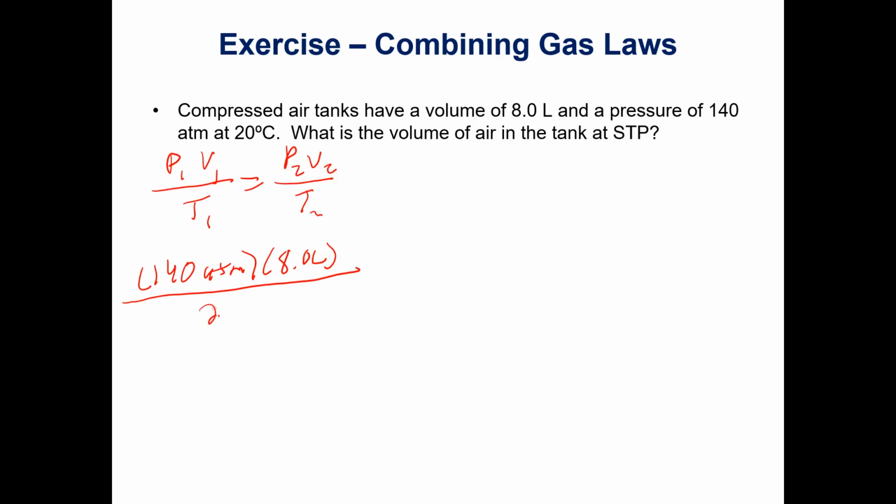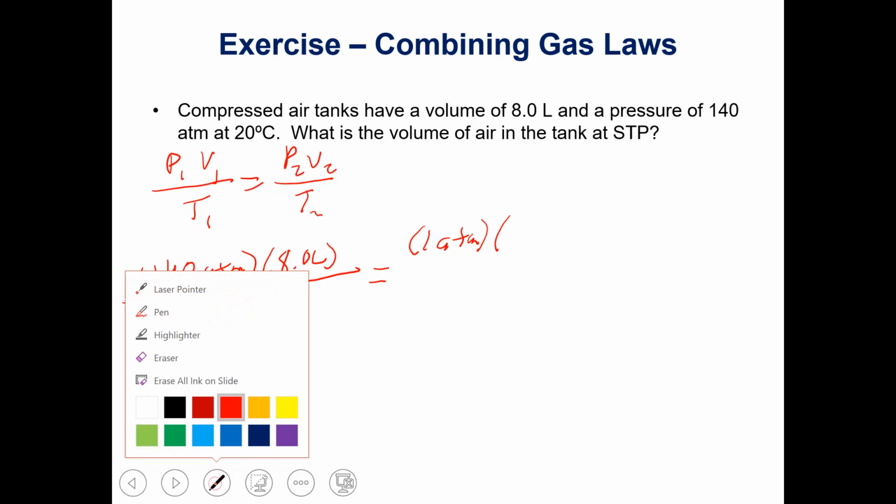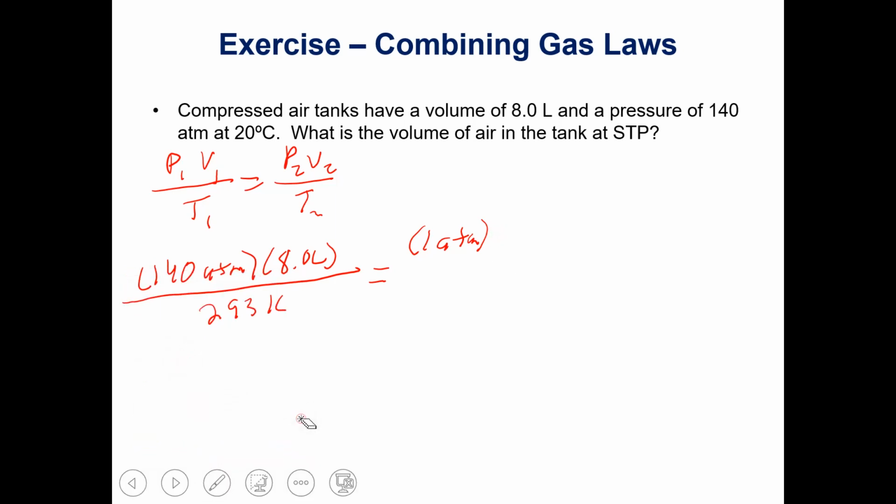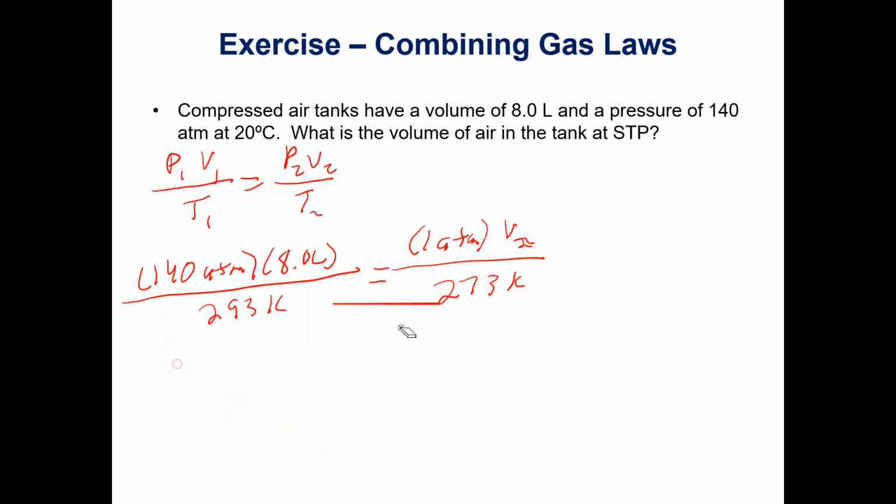We add 273 to that, we get 293 Kelvin. P2 is given to us as 1 atm. We're trying to find V2, so we don't know what that is yet. And T2 is 273 Kelvin, because we're at standard temperature and pressure.